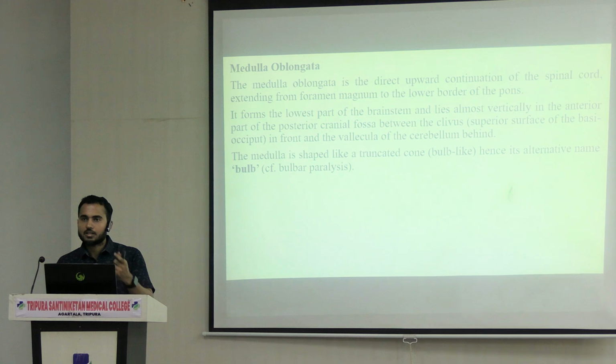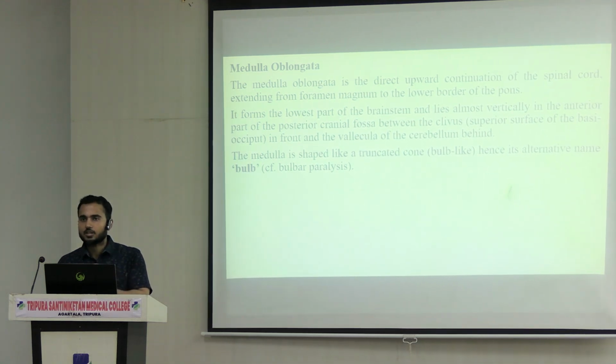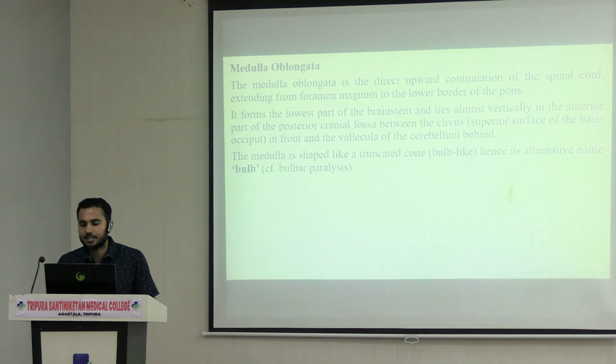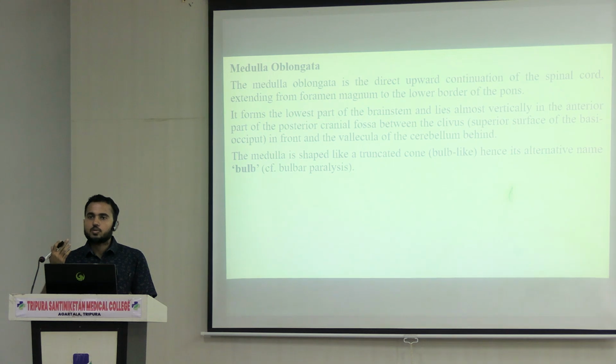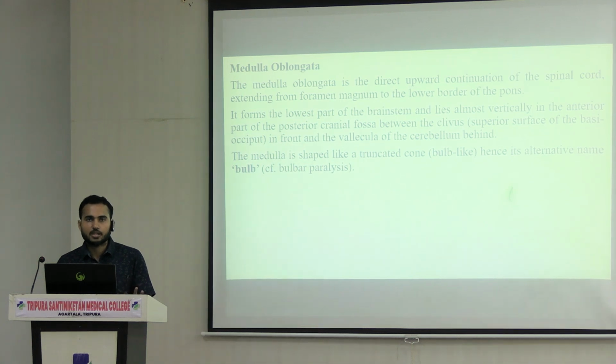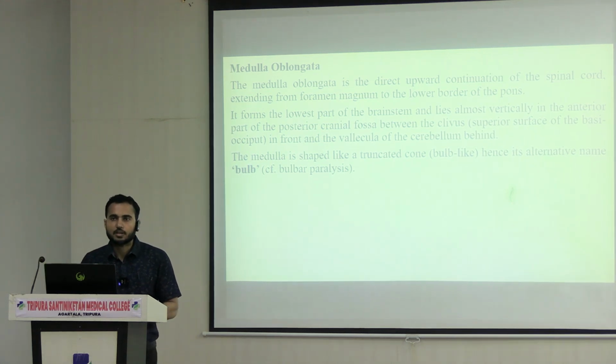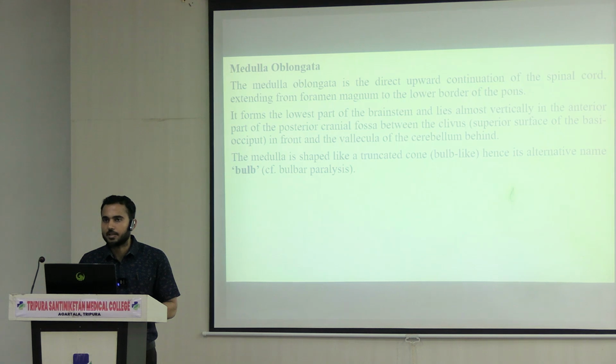Now, if you see, the medulla oblongata is also lying in the posterior cranial fossa. It is lying on the clivus. And posteriorly, if you go, then what you will get? You will get the vallecula of the cerebellum, or you can say cerebellum. In the diagram, I have shown you that on the posterior aspect of the brainstem, you will be getting the cerebellum.